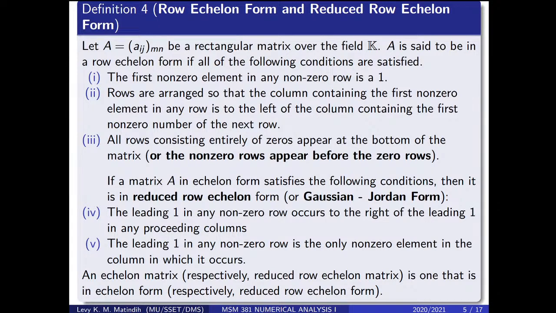Now, this matrix is said to be in row echelon form if all of the following conditions are satisfied. These three conditions should be satisfied, the first three, not 4 and 5.